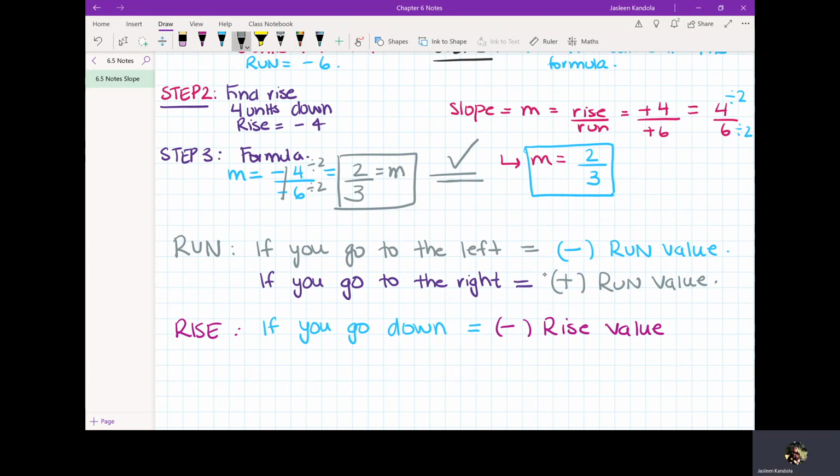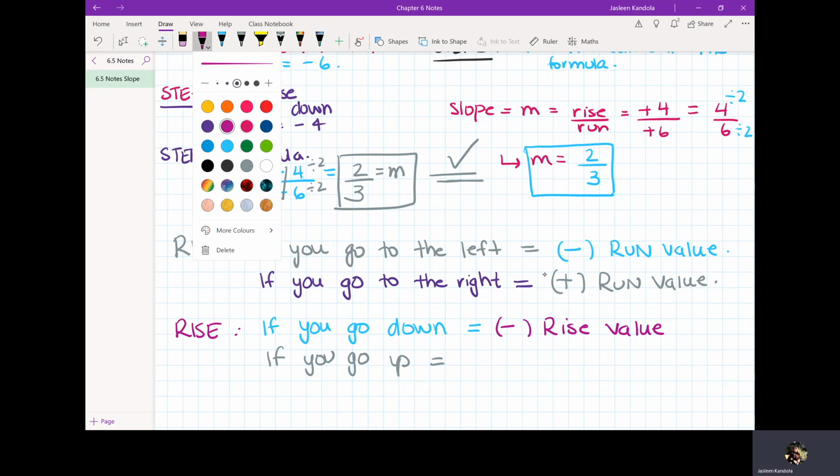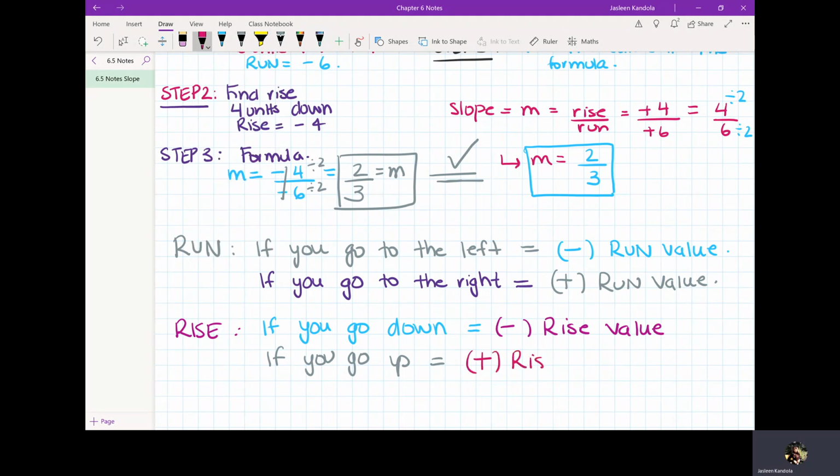And if you go up, you have a positive rise value. So this means up, this means down. Left would mean going this way, right would mean going this way, where your arrow's pointing. And note each of your grid squares counts as one movement.